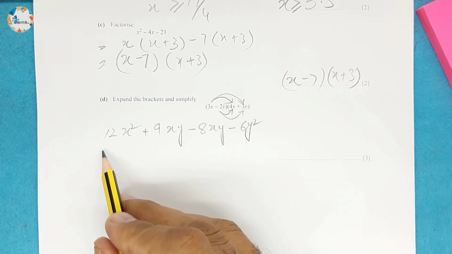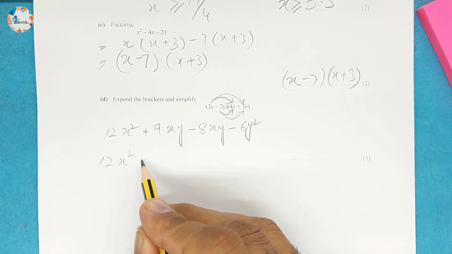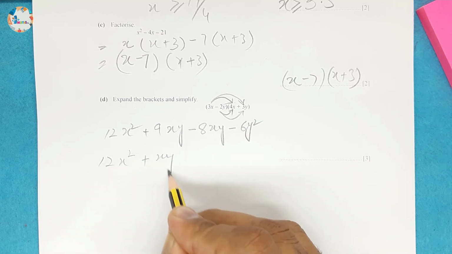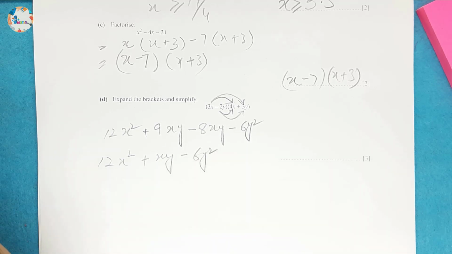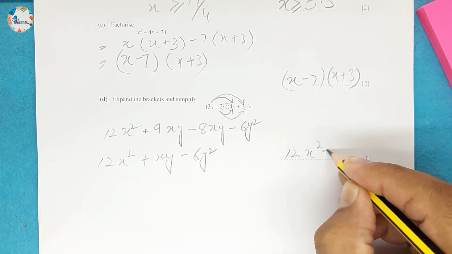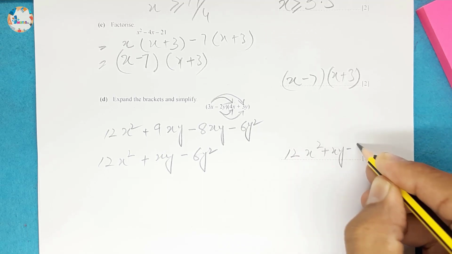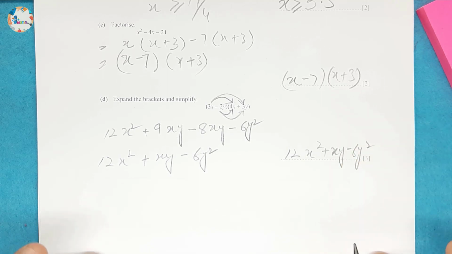Now we can simplify this. This will be 12x squared plus xy minus 6y squared. This will be our final answer. We can mention here 12x squared plus xy minus 6y squared. Hopefully you understood each and everything.